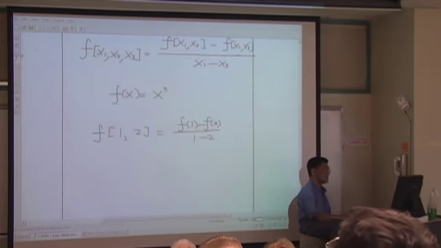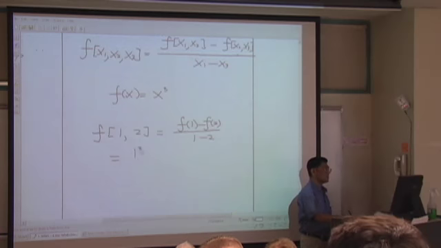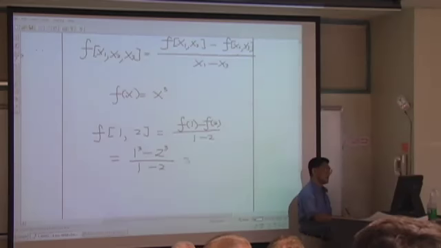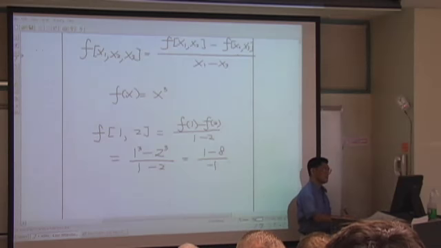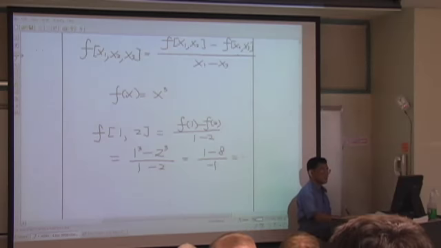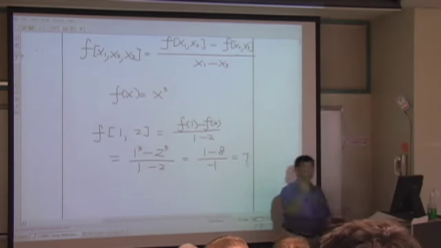And f of 1 is 1 cubed, f of 2 is 2 cubed, over 1 minus 2. 1 cubed is 1, 2 cubed is 8, and 1 minus 2 is negative 1. So it is negative 7 over negative 1, which is 7. So f of 1, 2 is found.